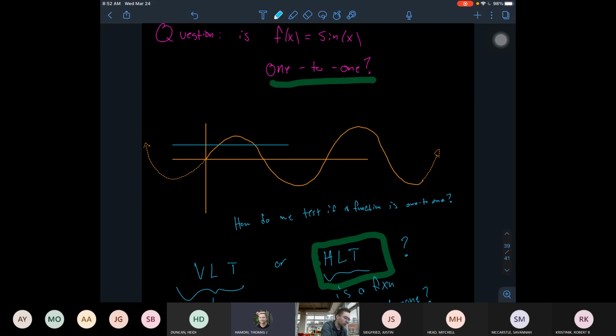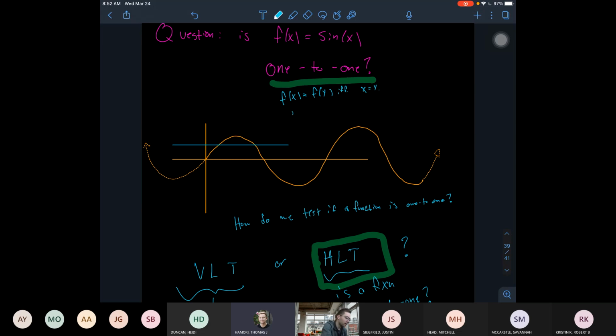The definition of one-to-oneness was f of x equals f of y if and only if x is equal to y. Which means, in other words, each height which is achieved by the function is only achieved for one input and one input only.